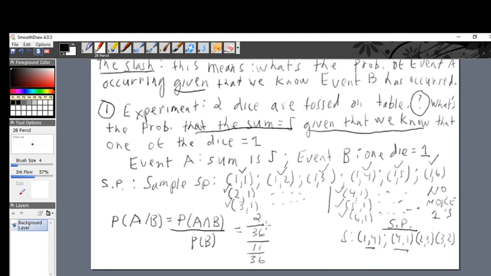So when you have a fraction divided by a fraction, you flip and multiply. So this becomes 2 over 36 times, flip this, 36 over 11. These two cross out, and here's the final answer: 2 over 11 is the final answer to this conditional probability problem.